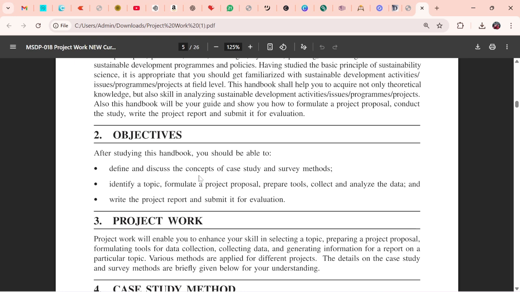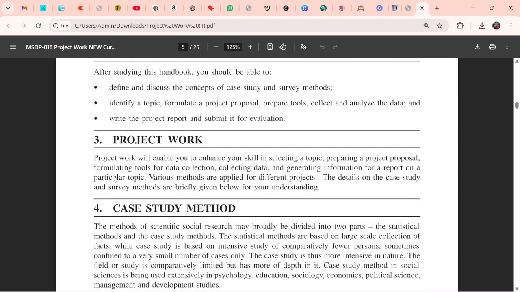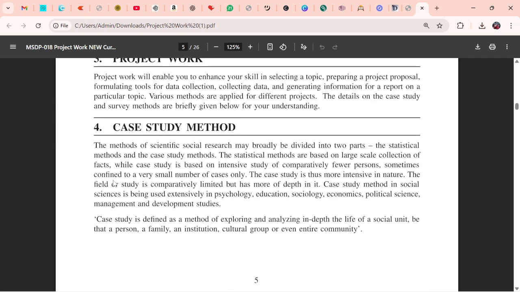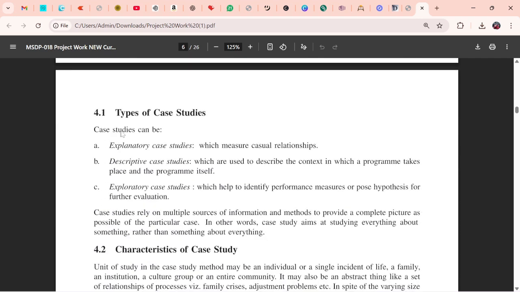Define and discuss the concept of case study and survey methods, identify a topic, formulate a project proposal, prepare tools, collect and analyze the data, and write the project report and submit it for evaluation. So these are the objectives of making your project report.